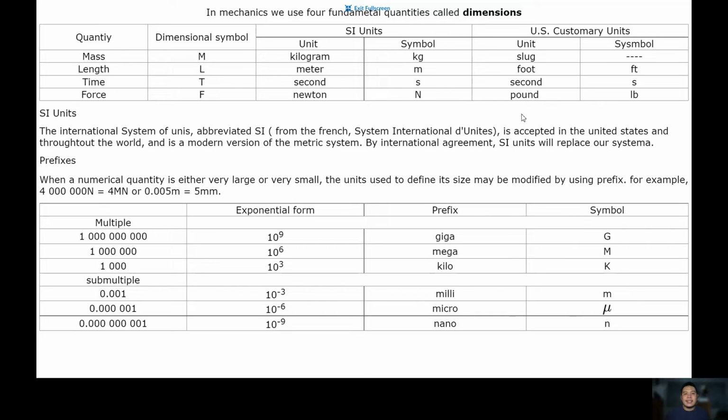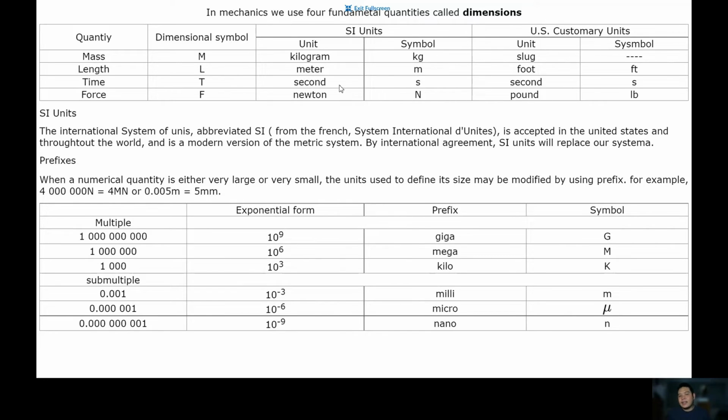For mass, we have the dimensional symbol M. For length, the dimensional symbol L, for time, T, and for force, F. In SI units, mass is measured in kilograms, with the symbol kg, and length in meters, small letter m.